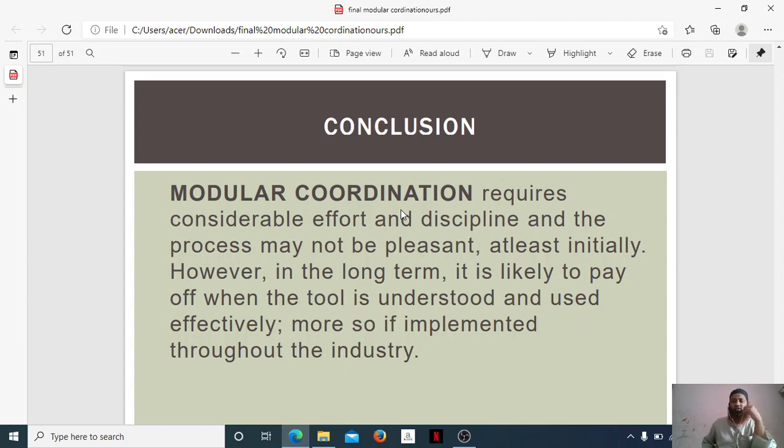Finally, however, in the long term it is likely to pay off when the tool is understood and used effectively, more so if implemented throughout the industry. As of now, we try to save whatever time we can at this point, but later on, if what we have planned goes wrong while executing, there will be loss of money as well as loss of time, and there will be wastage also.